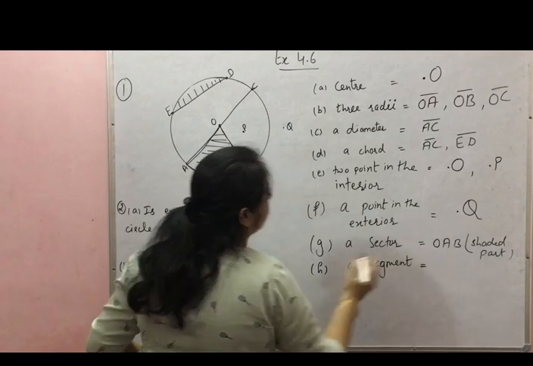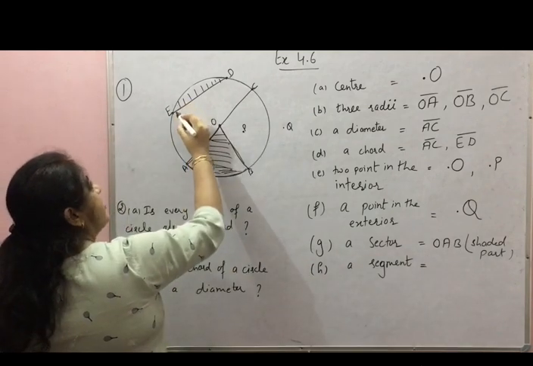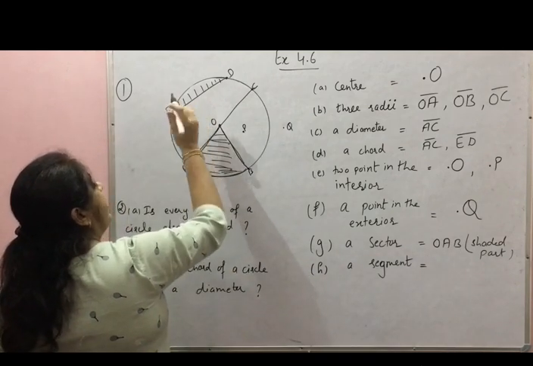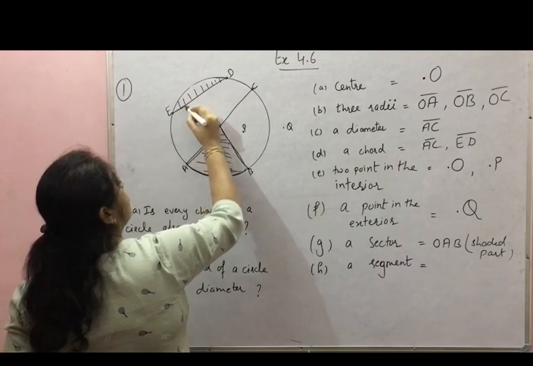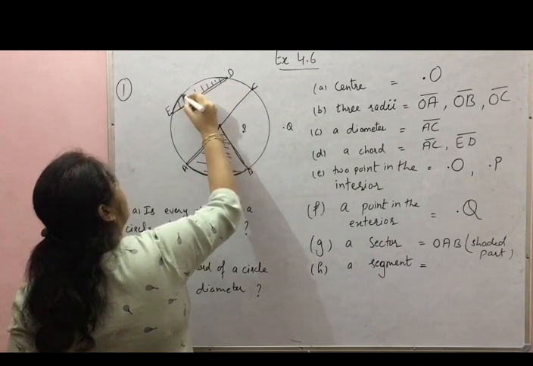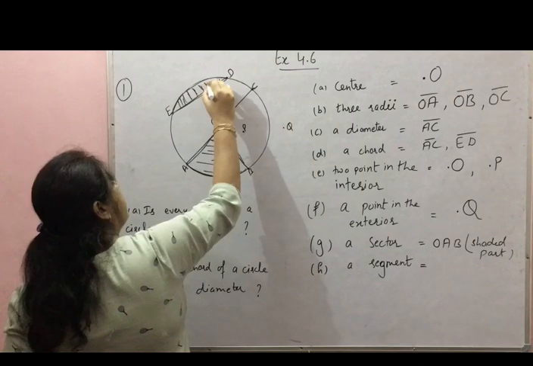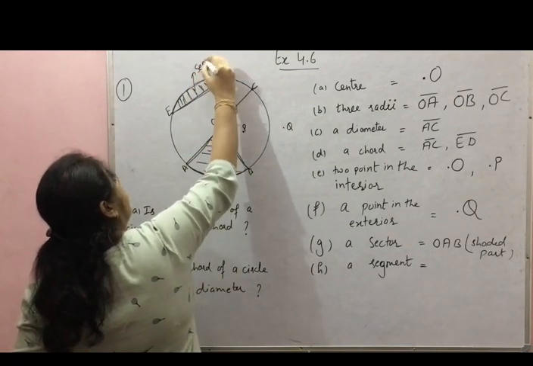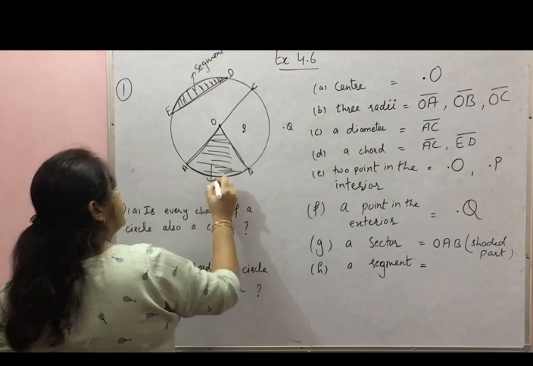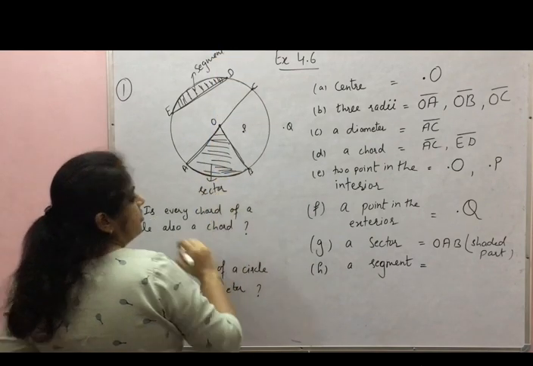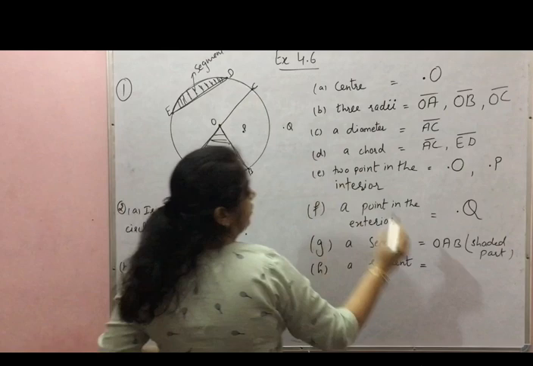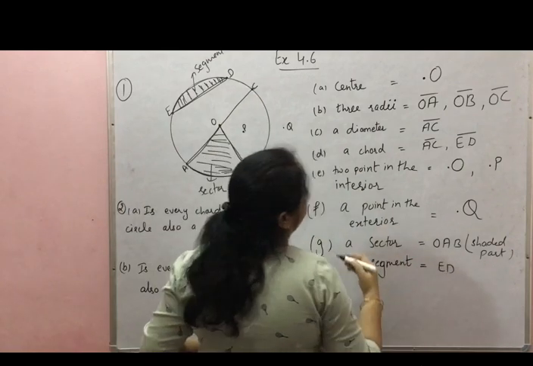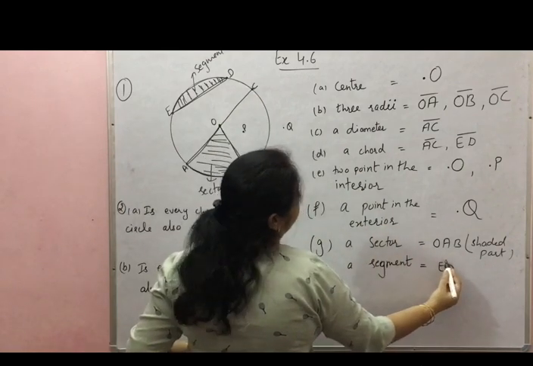What is a segment? We know that a segment is the interior part of a circle enclosed by any chord and the arc. So this portion is the segment. You can write here: this is segment, this is sector. So for the segment, ED. But if we mark it, then it will go to chord.